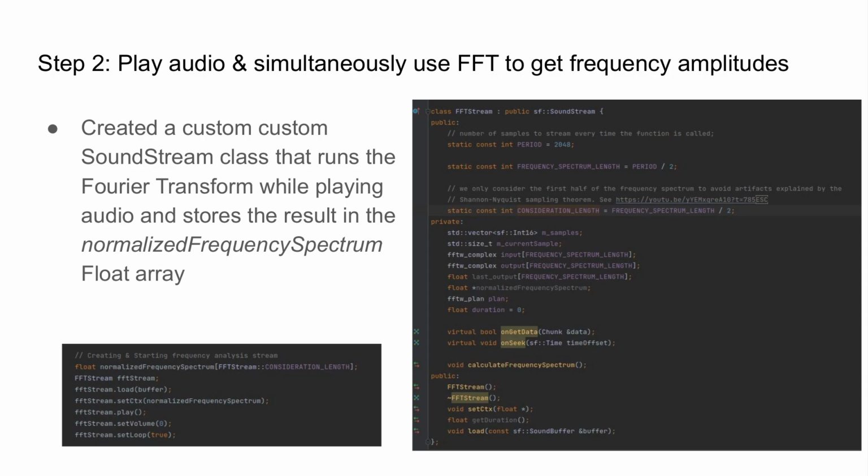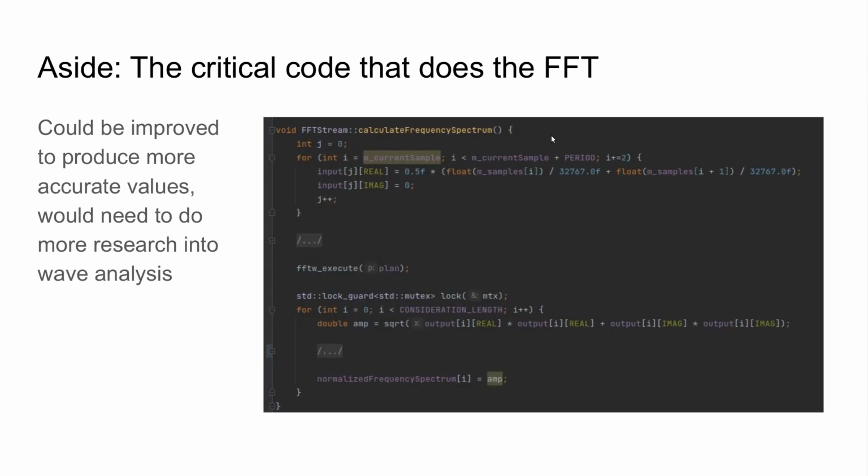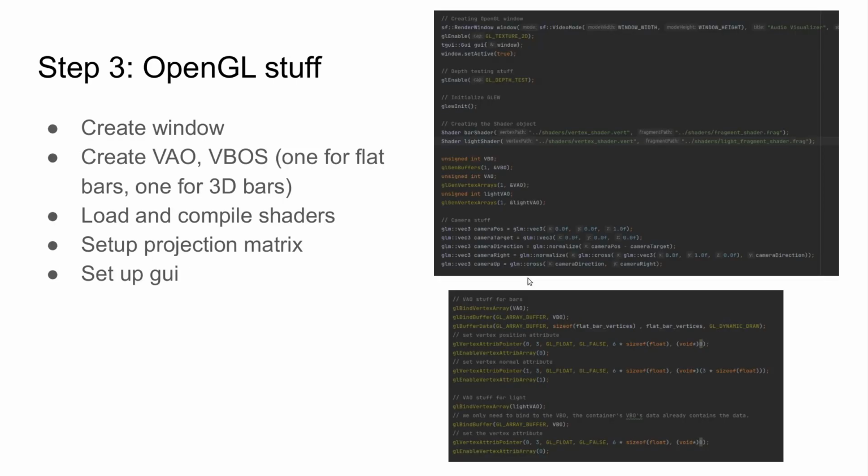It plays the audio, and after a specific number of samples has been read, which I specify here in the period, it will analyze those samples and perform this Fourier transform on them right here to get the amplitudes of the frequencies.